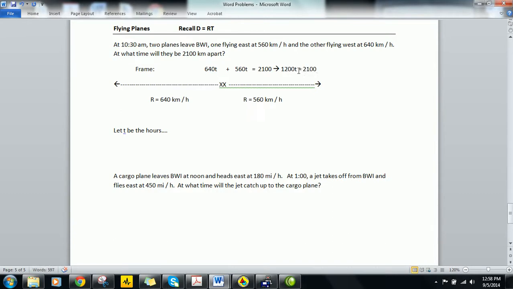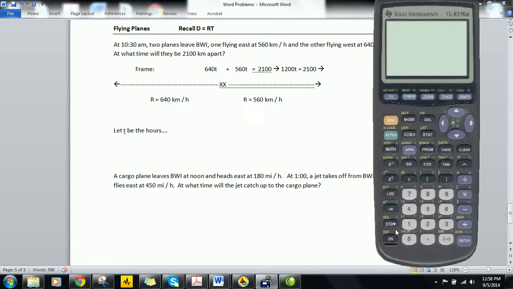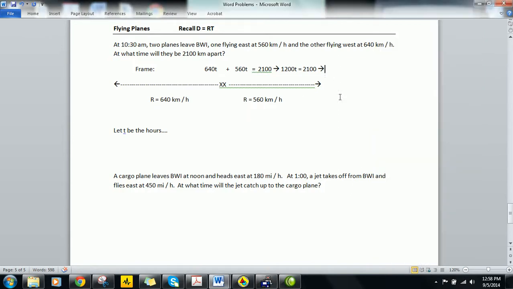To solve for t, I divide both sides by 1200, and 2100 divided by 1200 is 1.75. So that's 1 3/4, and my label is hours.